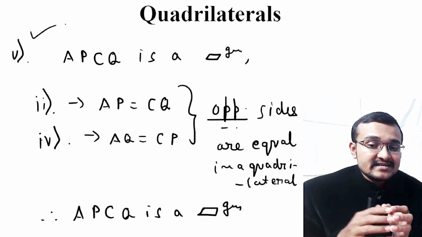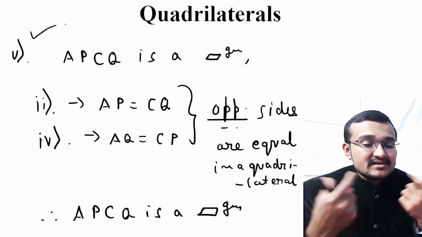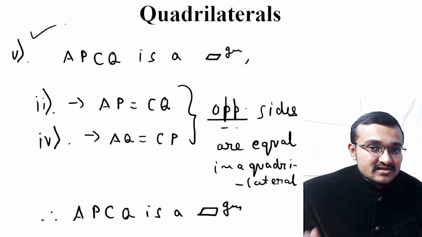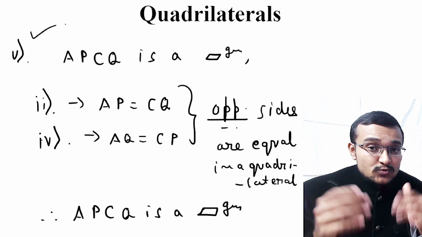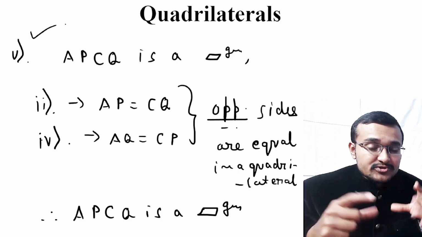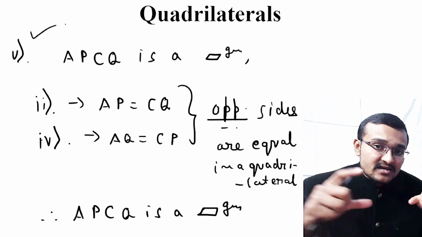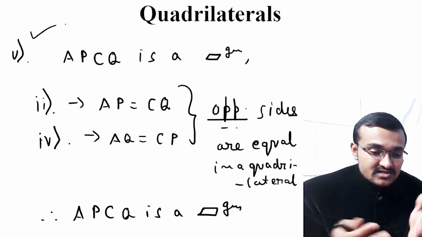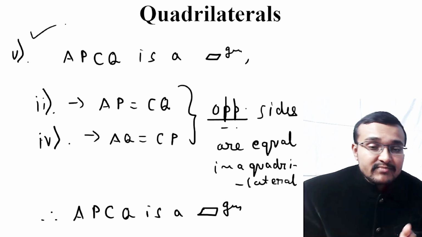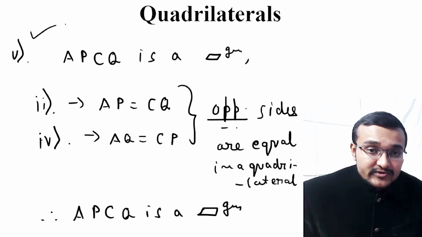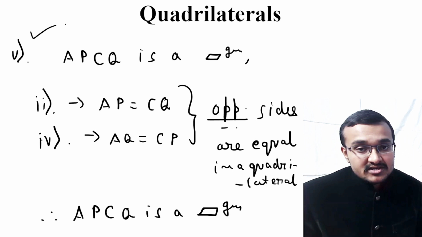In a quadrilateral, if opposite sides are equal to each other, then that forms a parallelogram. So after proving all the four questions, you can come to this particular fifth question.